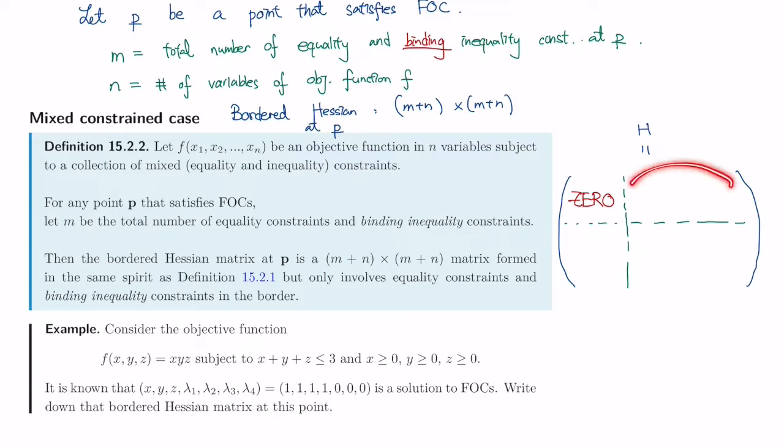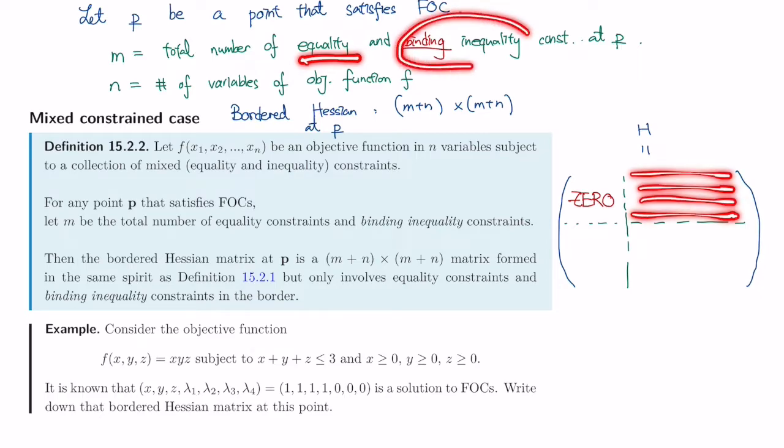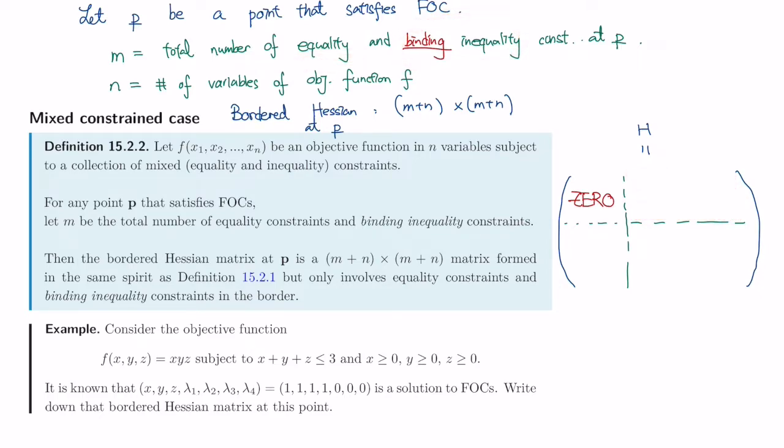And how about this part? This part is formed by rows that are given by the gradient vector of the constraint function. But this time, you only look at the constraint functions coming from the equality constraints and binding inequality constraints. So let me write it down.